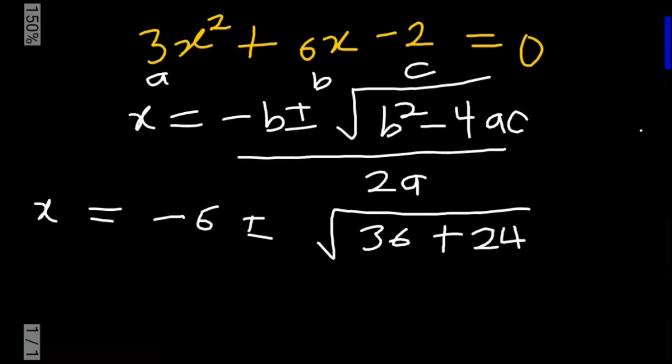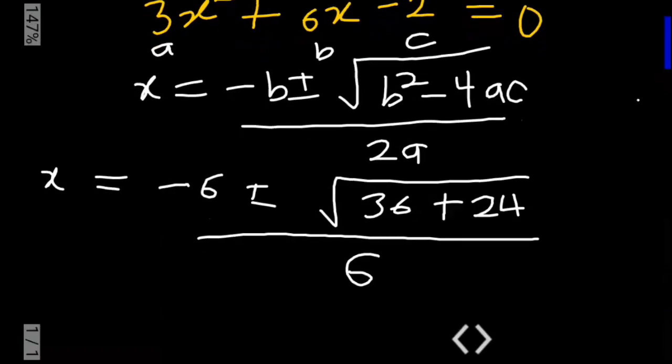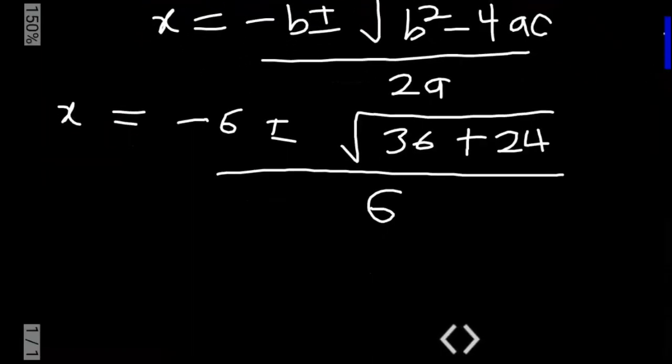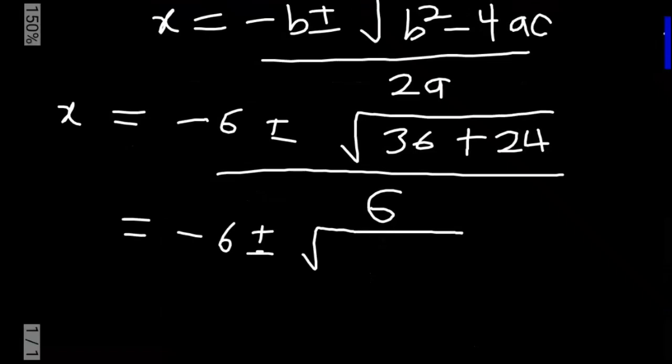The next thing we have is over 2 multiplied by a, and our a is 3. So 2 multiplied by 3 is 6. Continuing from here, we have x equals minus 6 plus or minus the square root of 36 plus 24, which is 60, over 6.